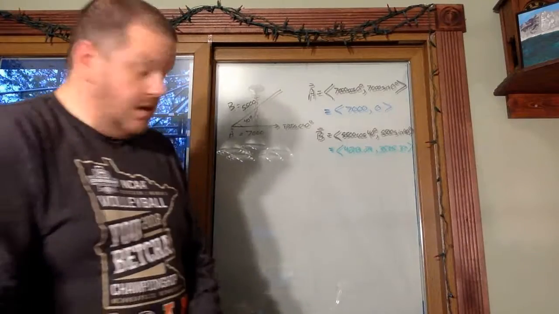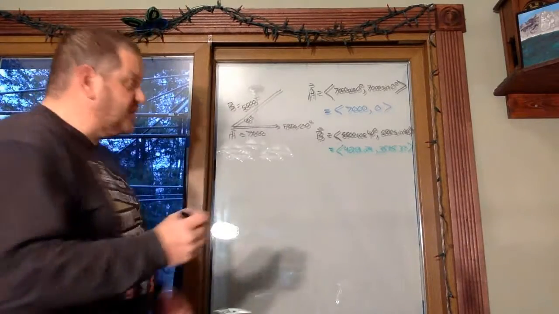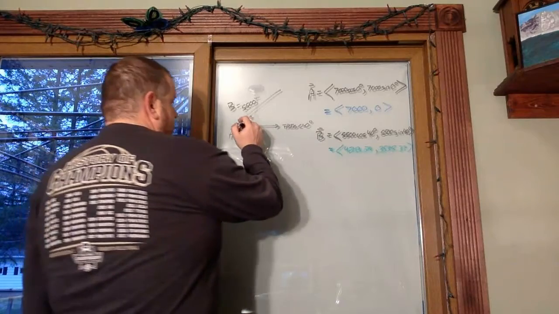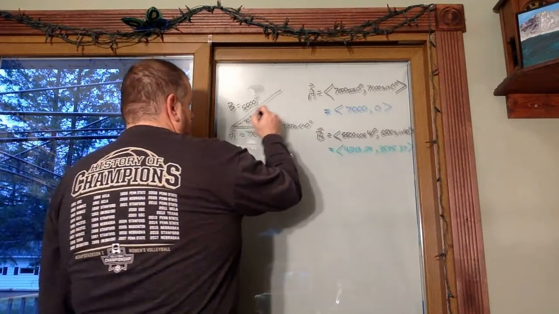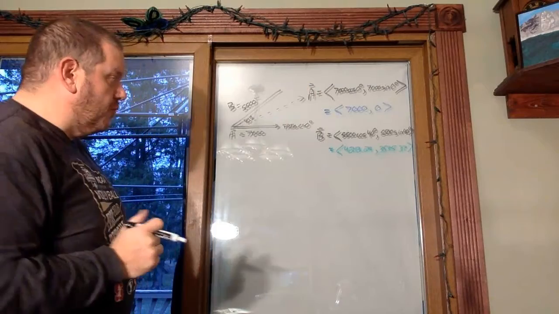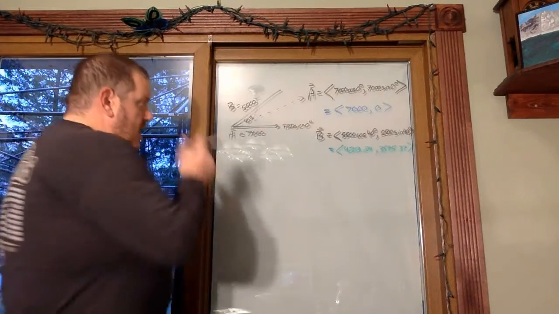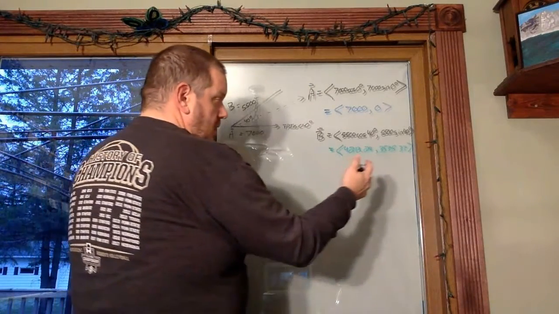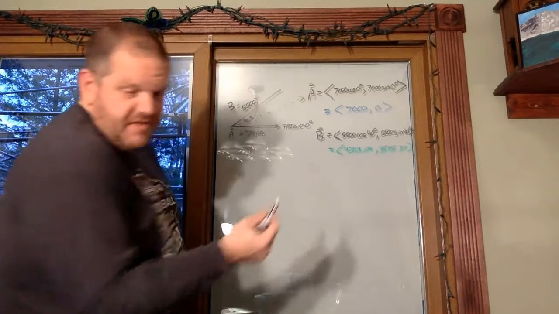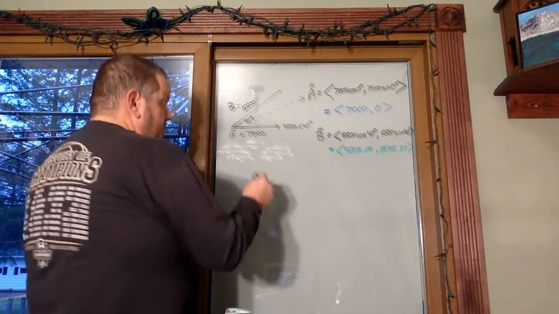So the resultant vector is going to be somewhere in the middle of that, and we're going to figure out what force is being pulled with, and what the magnitude is. We don't need to find the angle, we just need to find the magnitude.